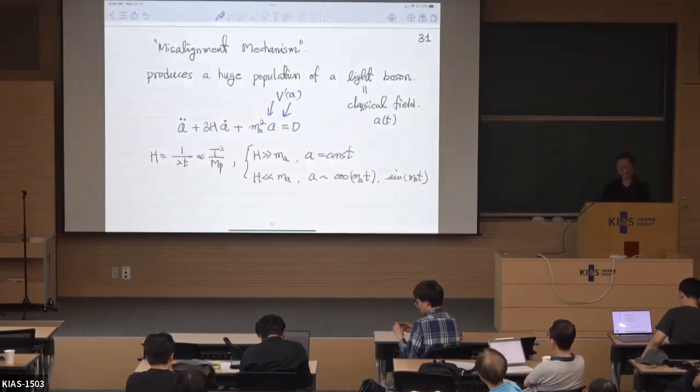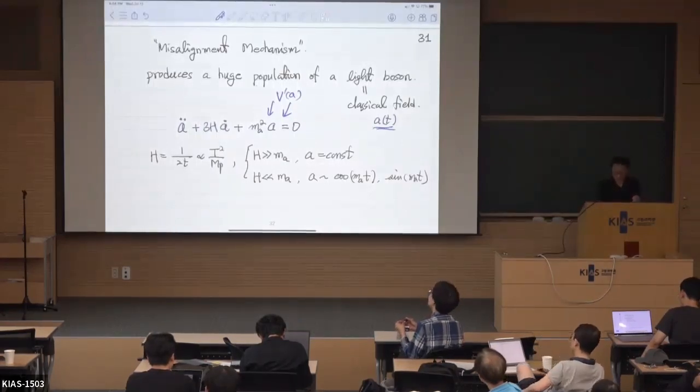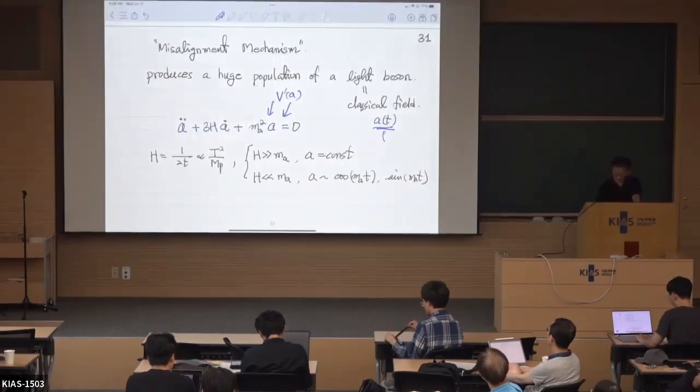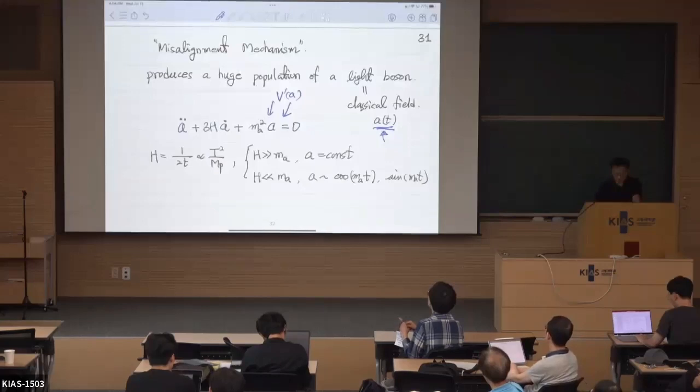Now A is not a quantum field, it is the classical field amplitude, and we assume it to be homogeneous, with only time dependence.